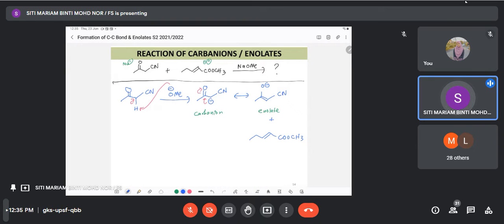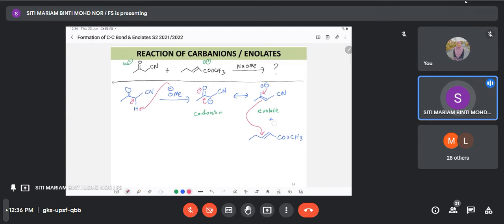Okay, I just draw it going down there. So what will happen? Mechanism like before, the enolate goes there and attacks carbon beta. Remember, this is carbon beta, because this material is alpha, beta unsaturated. So this is alpha, this is beta.